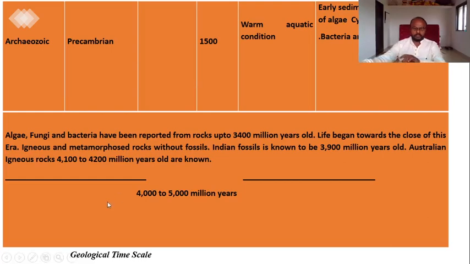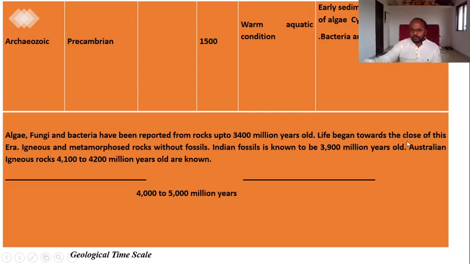Here is the geological time, that is the origin of the earth. Around 4000 to 5000 million years ago the formation of the earth began. After that, algae, fungi and bacteria have been reported from rocks up to 3400 million years old.